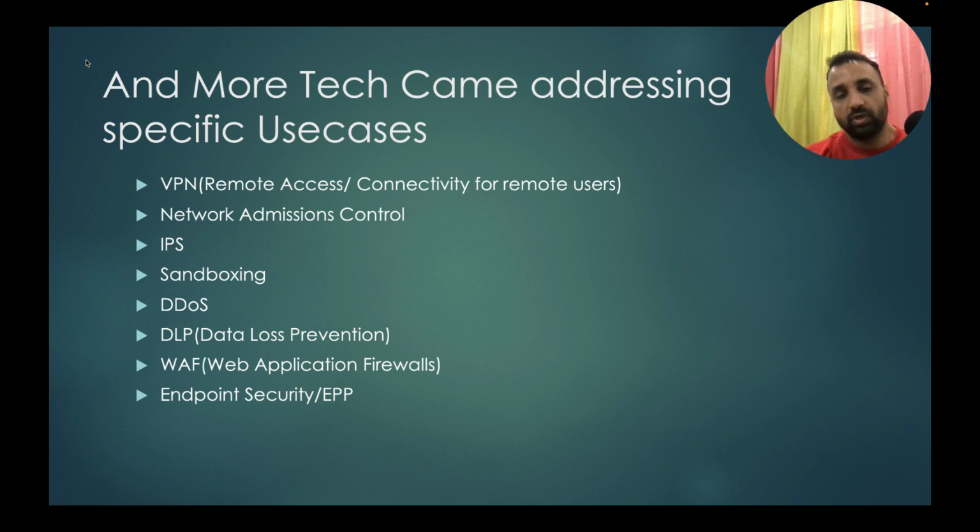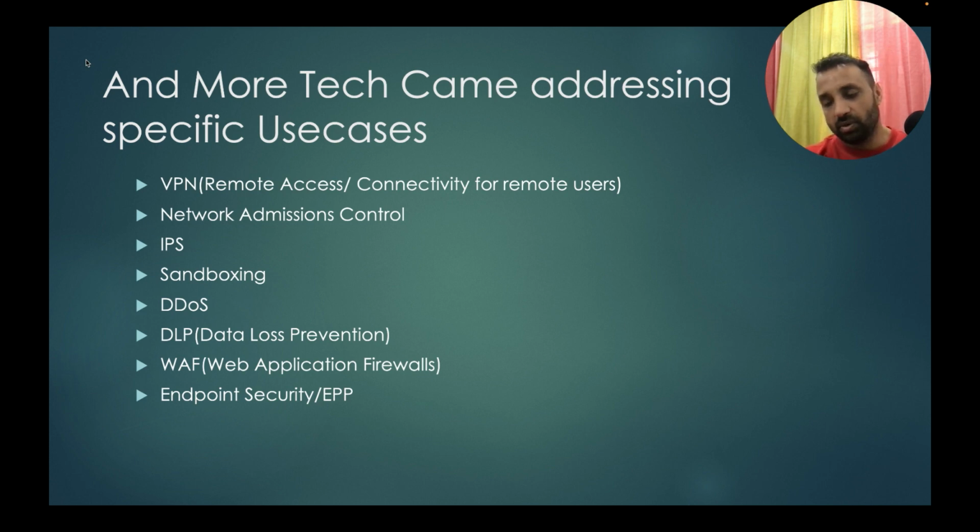DDoS technologies that would control incoming DoS attacks. DLP, which would monitor for any outbound sensitive content and would alert the user or block that data loss. WAF, which would monitor specific attacks related to web applications, and endpoint security, which would monitor endpoints, or desktops and laptops that we are using, for any malicious activity. So these technologies, and there are more and more and more.